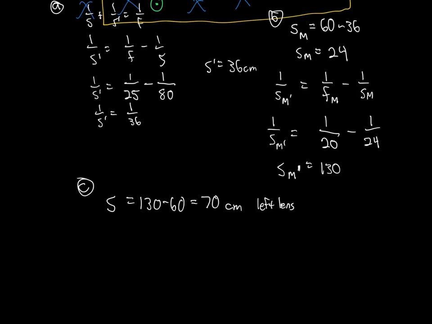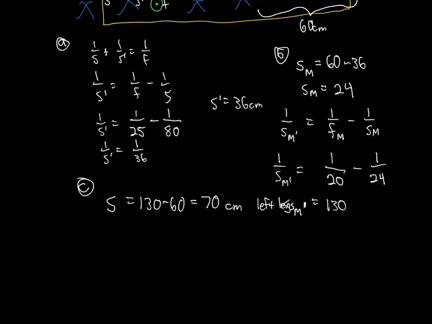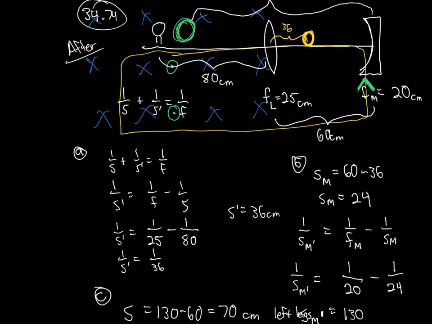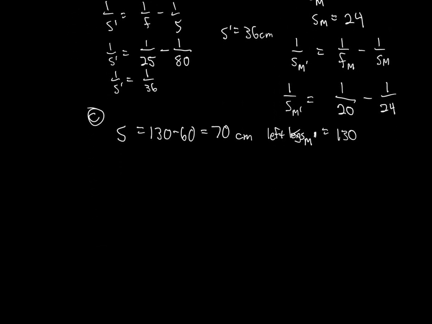What else does it mean? This is where things get a little funky. Because I'm to the left of the lens, the object distance is negative.